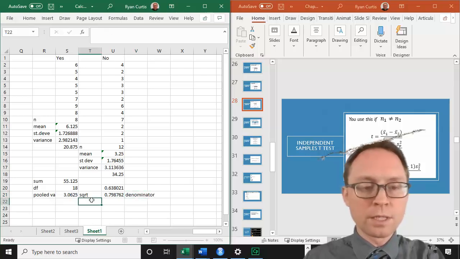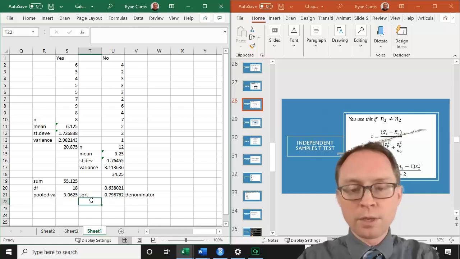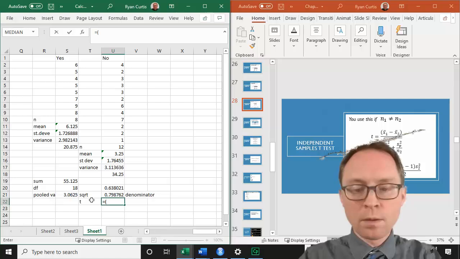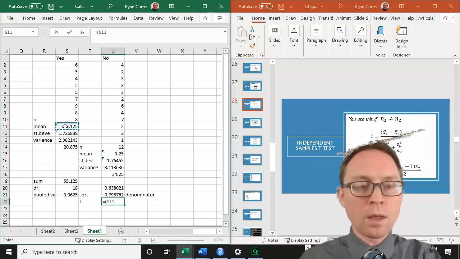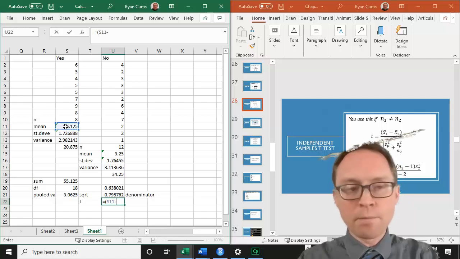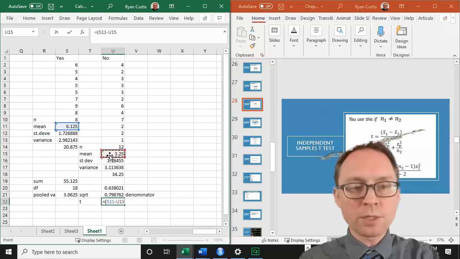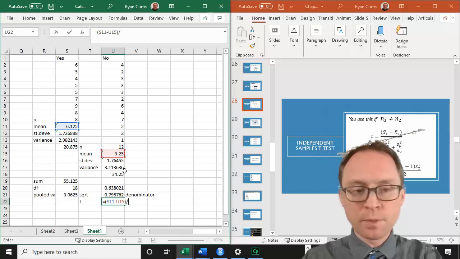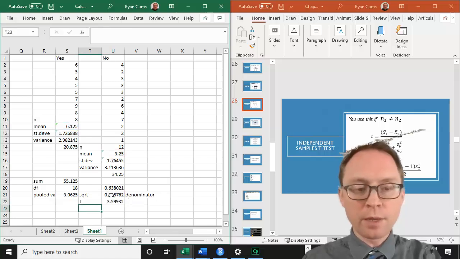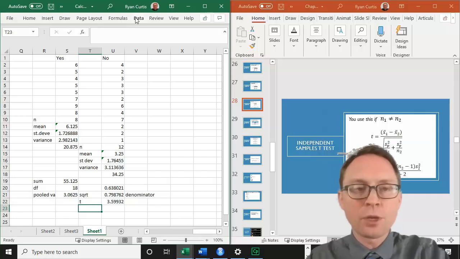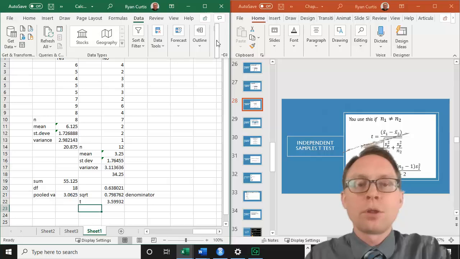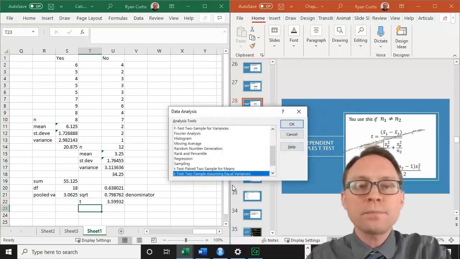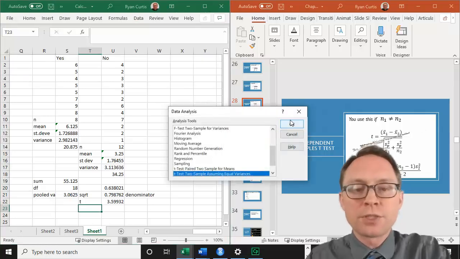So then t is going to be x bar sub 1 minus x bar sub 2 divided by that big denominator that we just created right there, 3.599. Now, if you don't want to go through all of that, go to the data analysis tool, and we do t-test: two samples assuming equal variances.